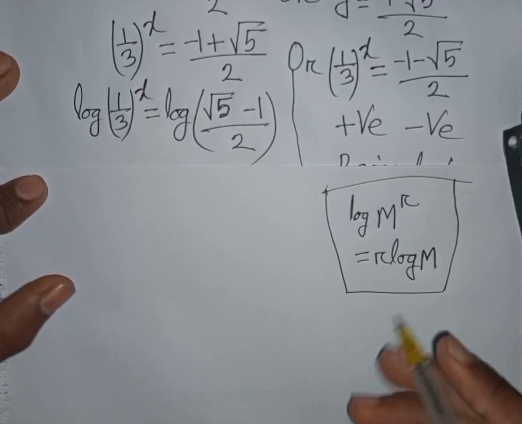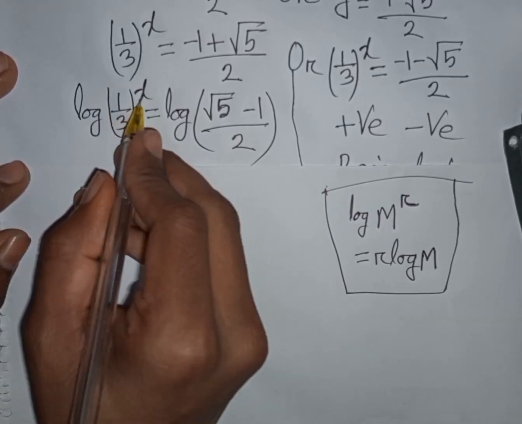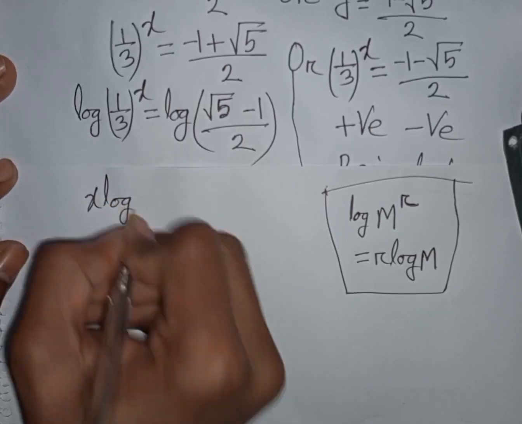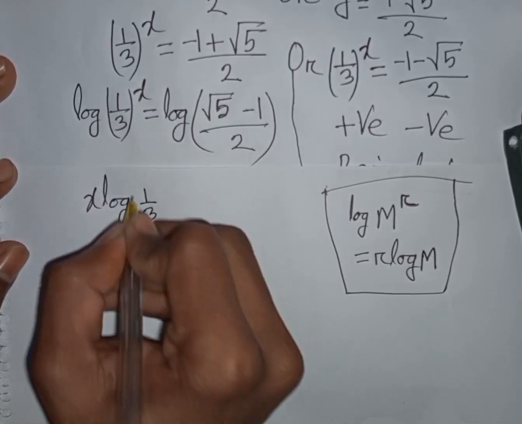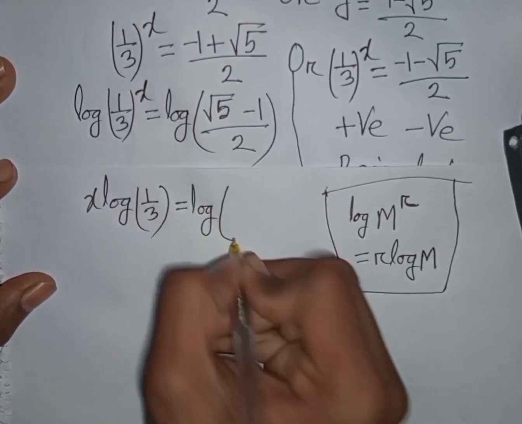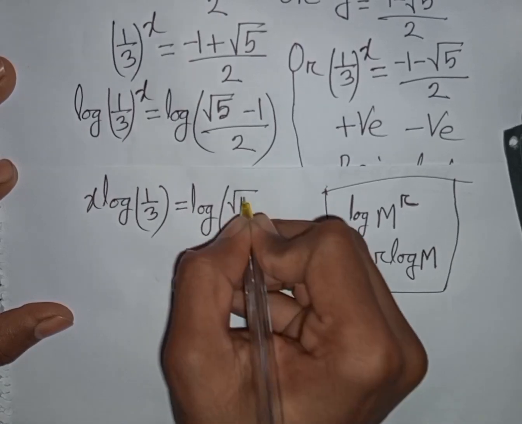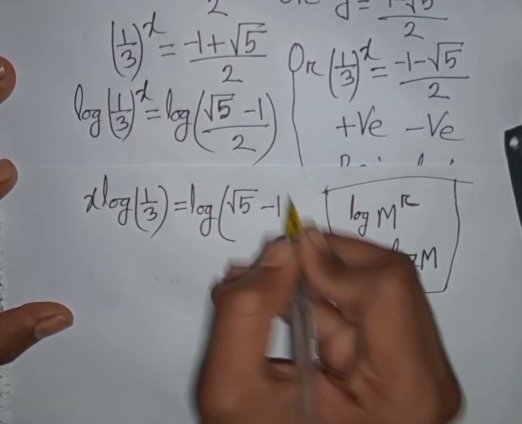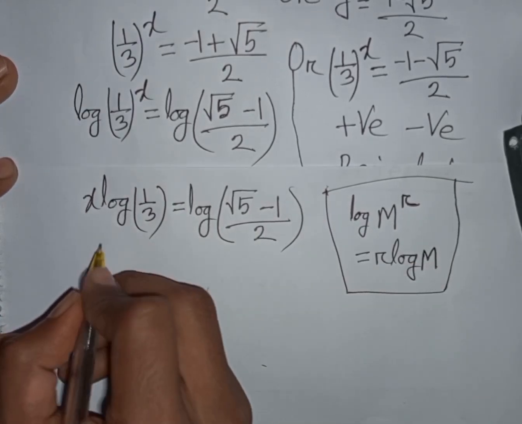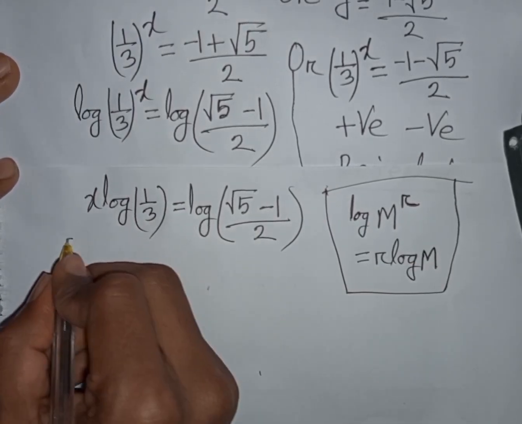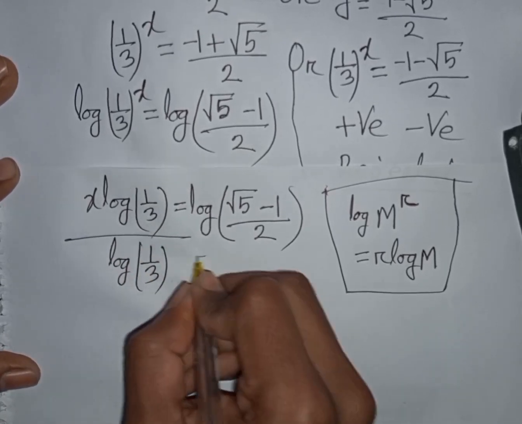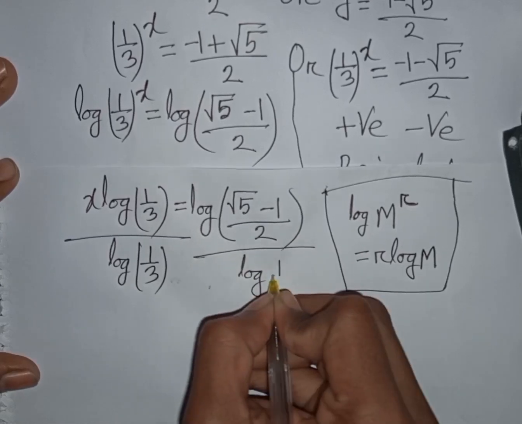So according to this rule, this power x will move to the front, so we can write x log(1/3) = log((sqrt(5) - 1) / 2). Now we need the value of x, so we divide by log(1/3) on both sides.